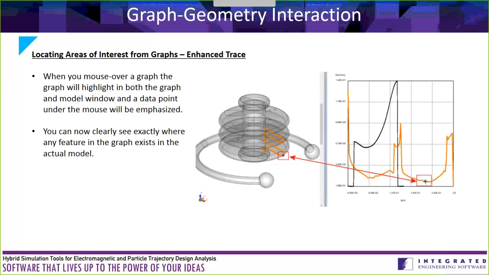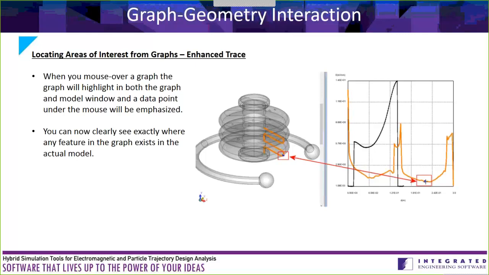So as an example, when I click on a graph, or even when I just mouse over a graph line, it highlights in the geometry. So I can immediately see now this line, where is it in the geometry? For a graph that I've just created, of course I already know that, but for a model I made some time ago or that I got from a coworker or a customer, I don't know any of that.